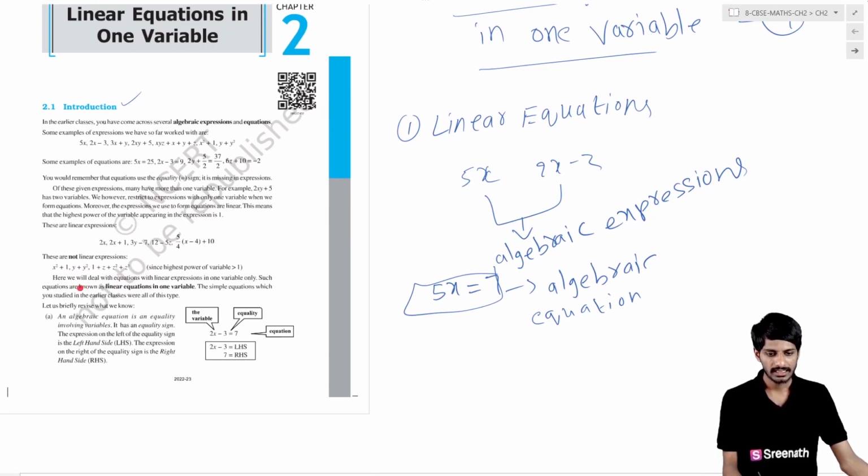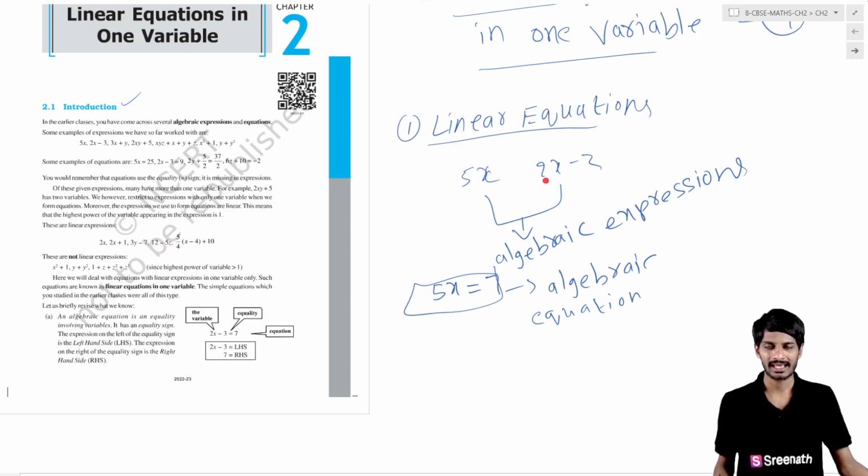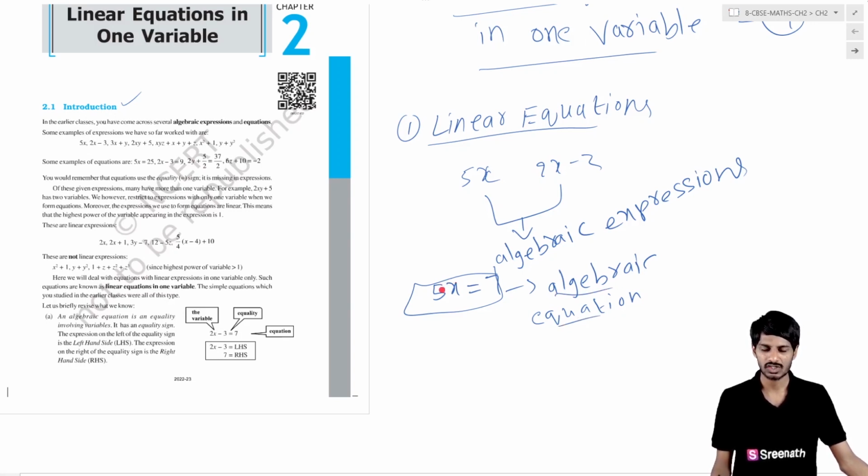Now here we will deal with equations with linear expressions in one variable only. Such equations are known as linear equations in one variable. So we have started our topic with the discussion on linear equations. First, we discussed algebraic expressions, and if the algebraic expressions are equal to some value with an equal to symbol, we call it an algebraic equation.